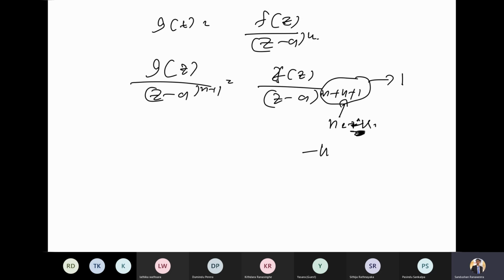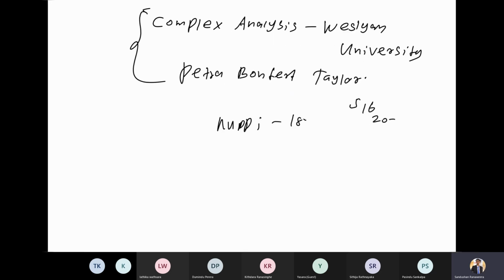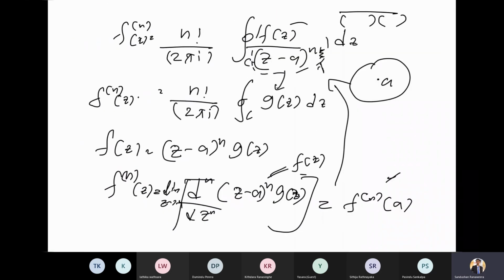It means your Laurent series goes from minus k to infinity. So your Laurent series starts from the negative of the pole's order and goes to infinity. That's the thing you need to remember, and you can easily evaluate these coefficients using this formula. To get the coefficient, you simply divide by n factorial.